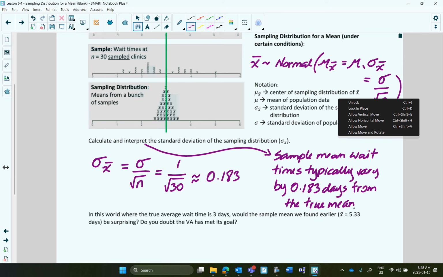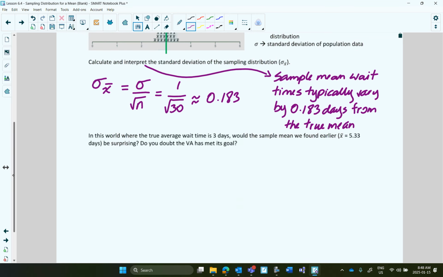We have to check to see if it's normal. And then we can do our calculations using normal CDF to figure out if 5.33 days is unusual or not. So this I sort of talked about earlier. Without doing any calculations, 5.33 days was higher than the goal that they set of 3 days.